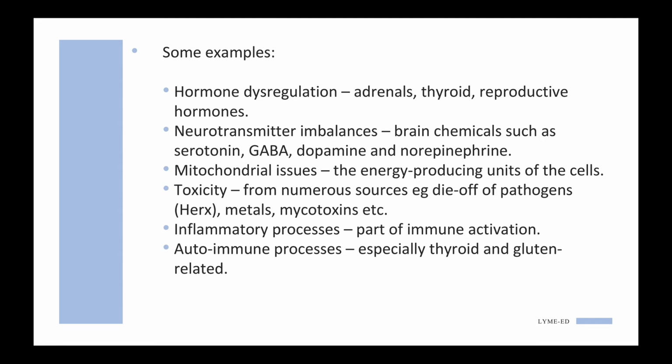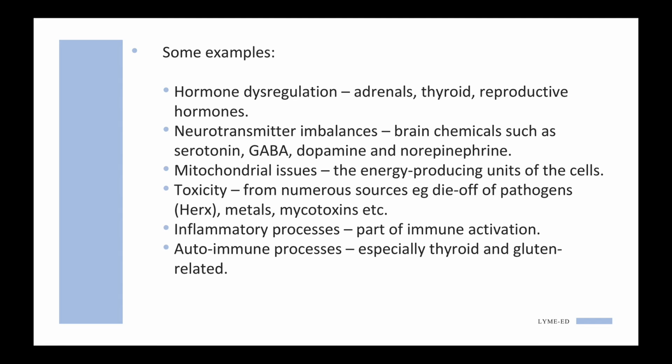I see neurotransmitter imbalances, brain chemicals like serotonin, GABA, dopamine, norepinephrine. Mitochondrial issues with the energy-producing units of the cell, and so we want to look at repairing that. Toxicity is a huge one. We think of it through Herx reactions, which is the die-off of pathogens, but also toxicity from metals and mycotoxins and things like that.